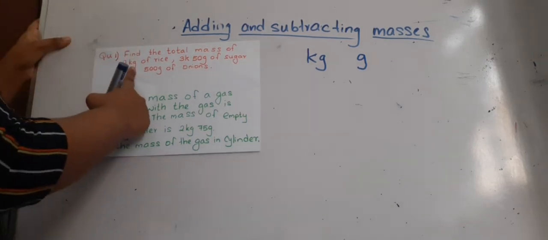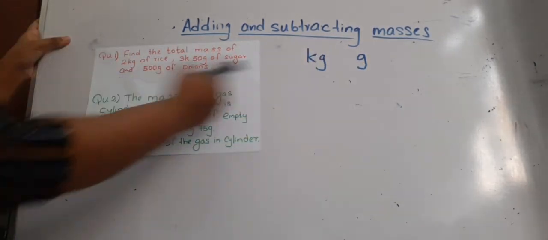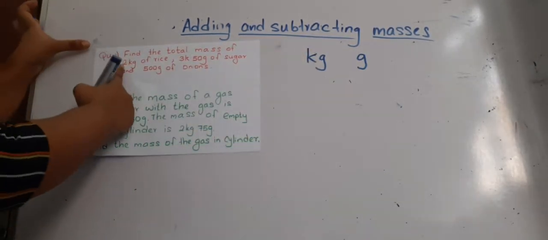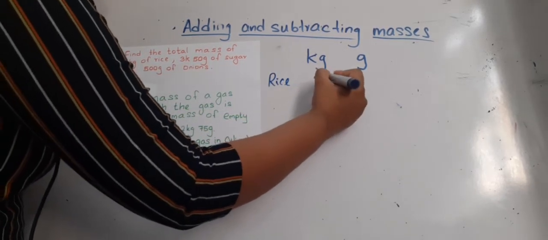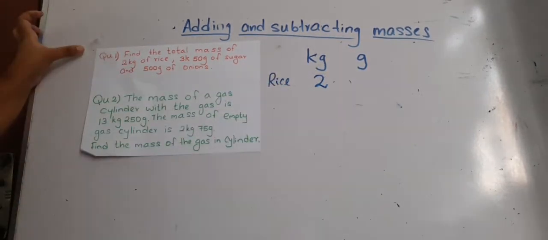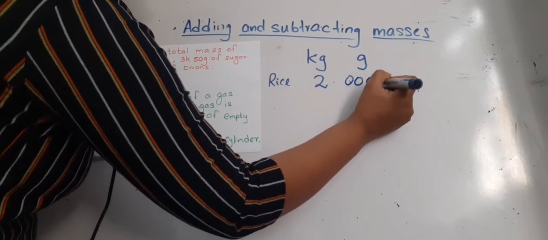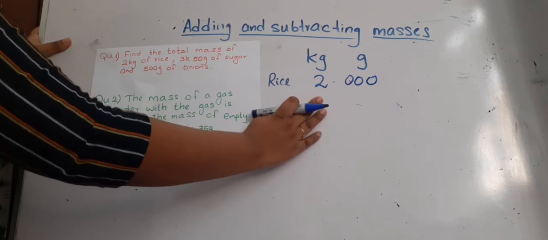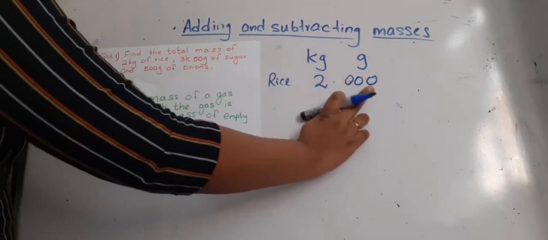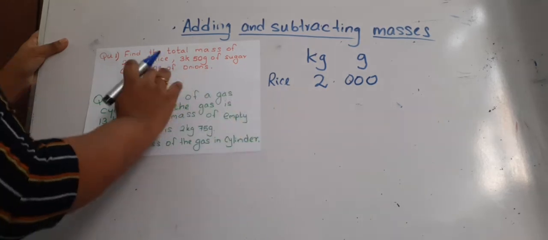And we will write each mass under the relevant unit. So first one is 2 kilograms of rice. What do we do on this side? You put zeros here. It will help you in the calculation. Don't forget, even though they have given it like this, you put zeros in the grams part.